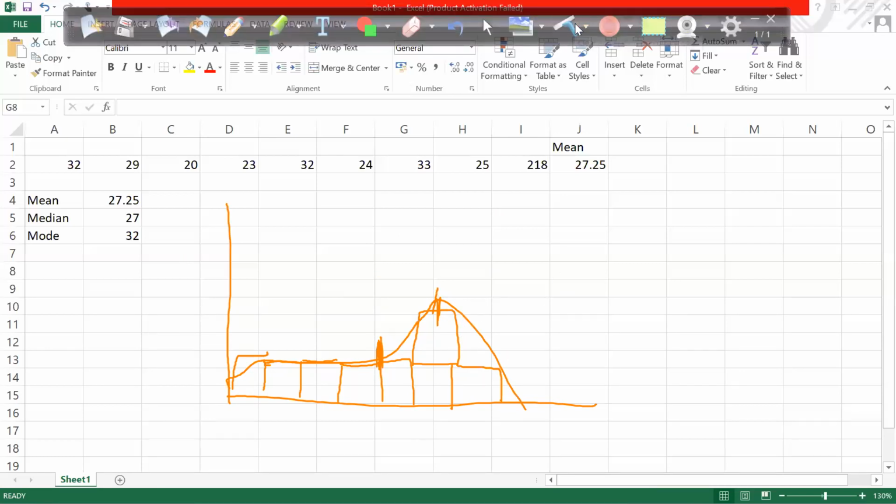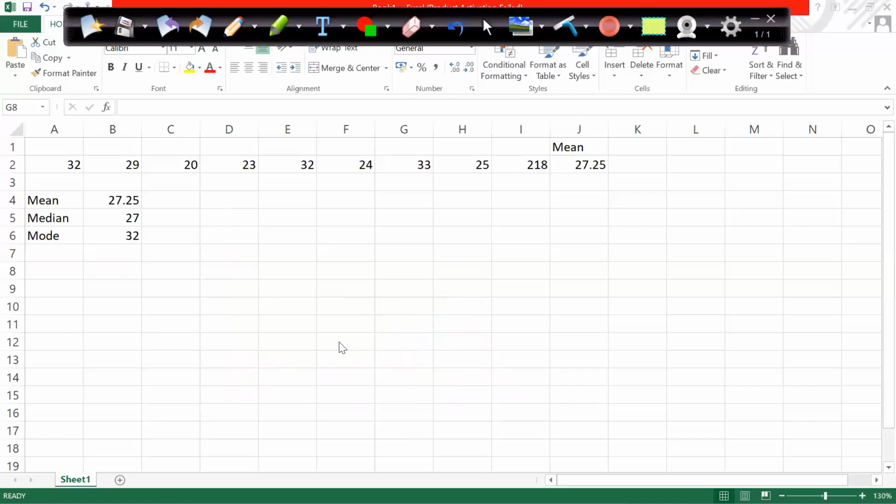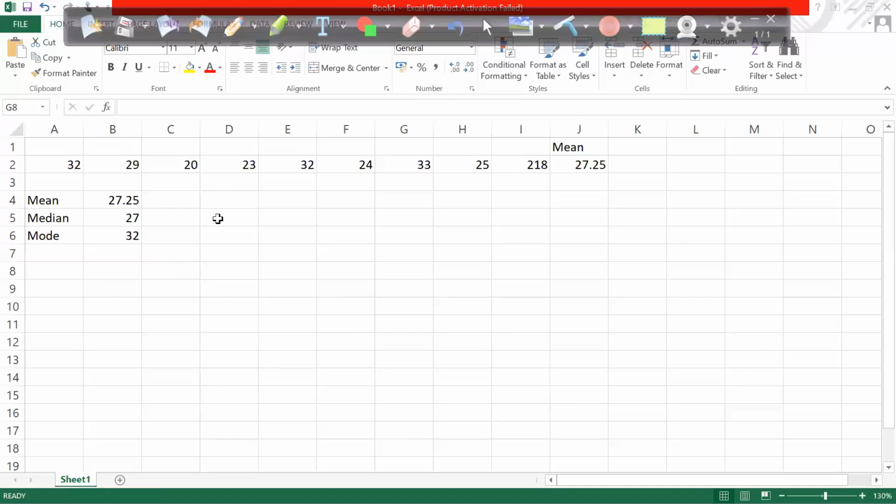We'll take some more examples later on. So when there are no outliers in the data set, the mean, median, and mode, all three values, will be in almost the same range. So this is how we can calculate mean, median, and mode.